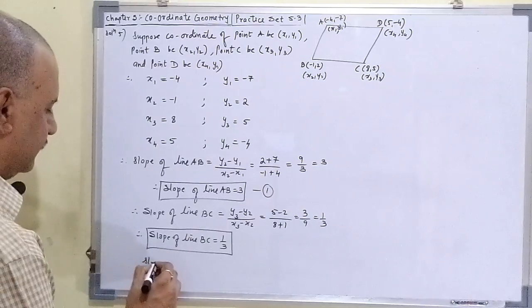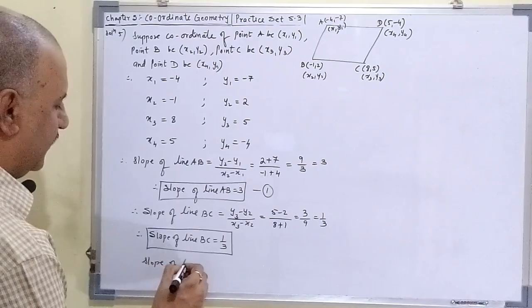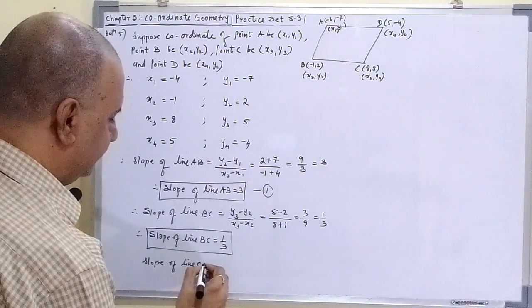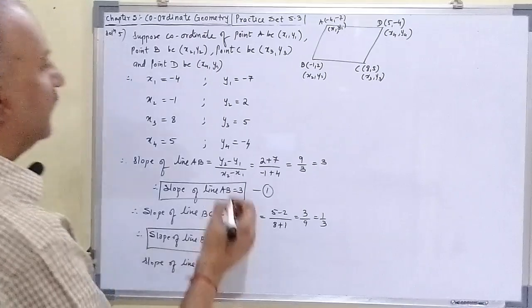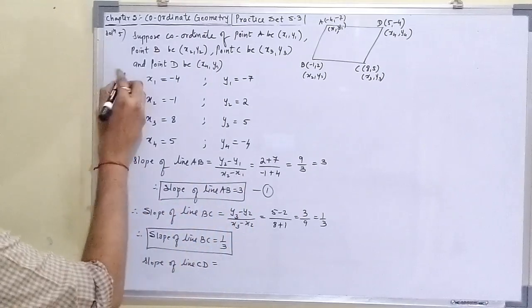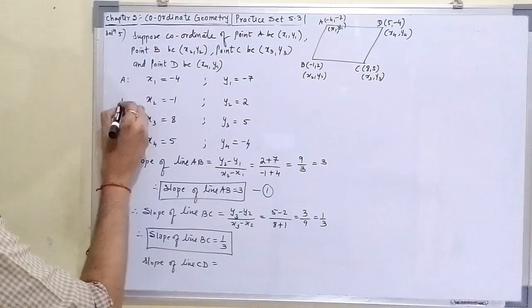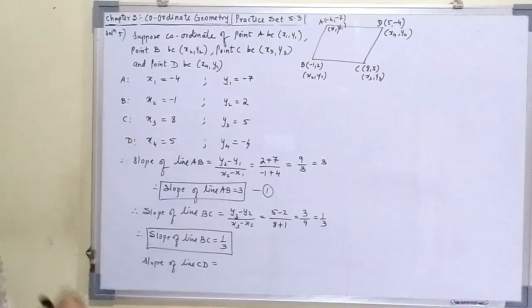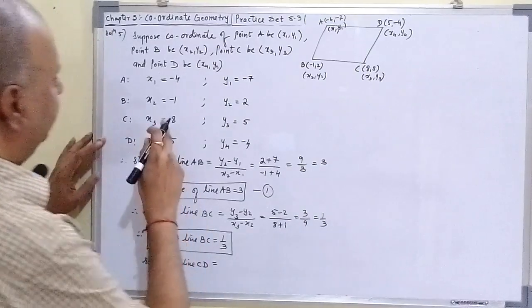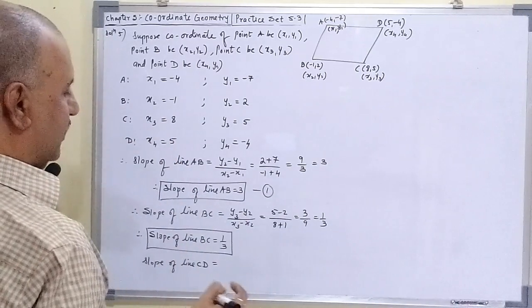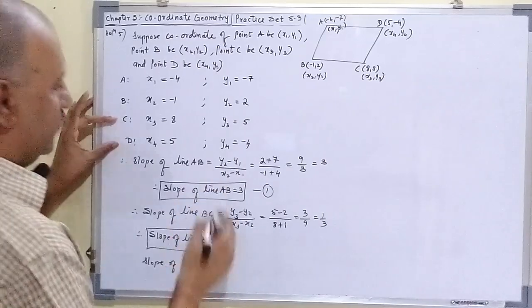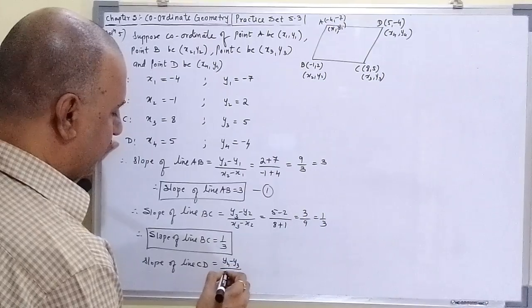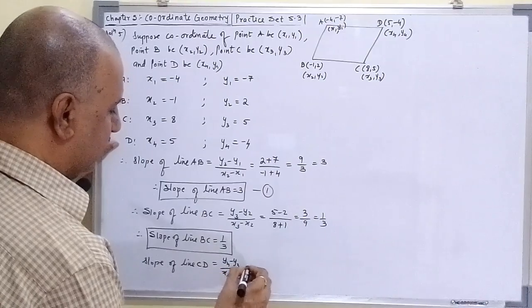Now, slope of line CD. ये A है, ये B है, C है. So C का क्या है? फॉर्मूला C और D है, ये दो. So y4 minus y3 upon x4 minus x3.